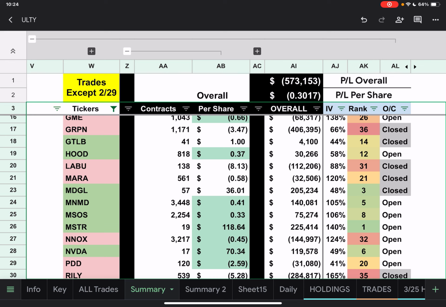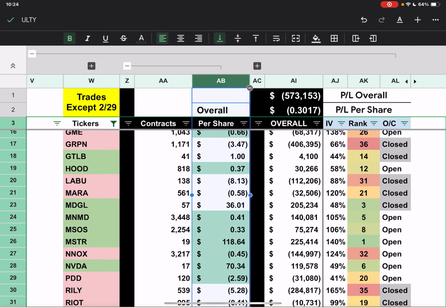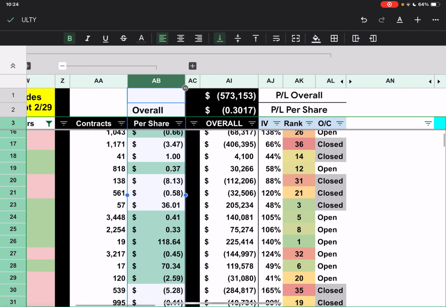stop and look. But if we're looking in the ranking column, we can see that our number one, based on this column, not this column, which now that I say that, maybe I should do a ranking based on that column. I could put it right beside per share, but y'all might not care.